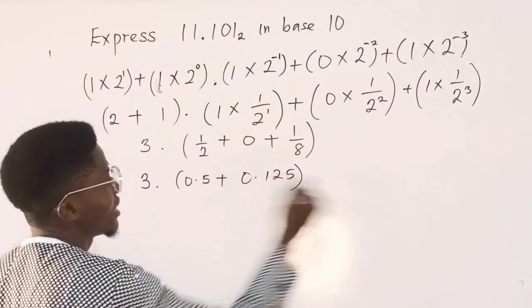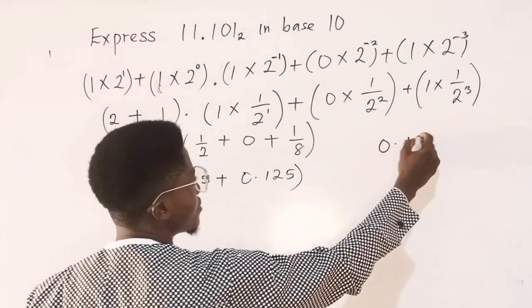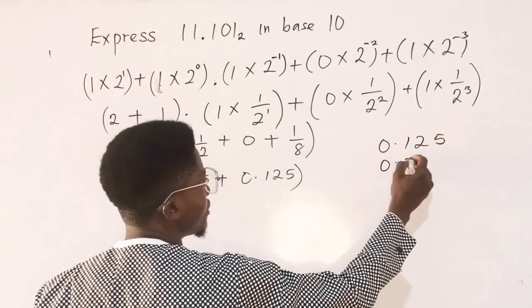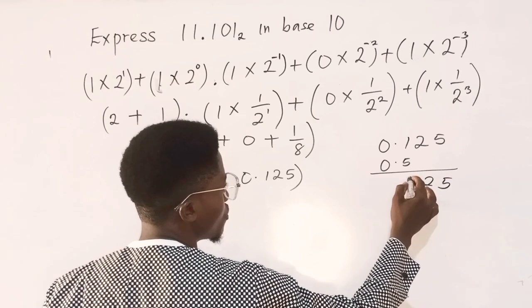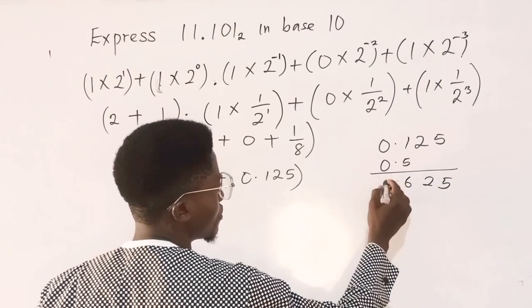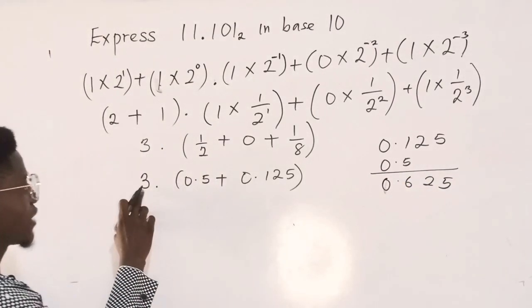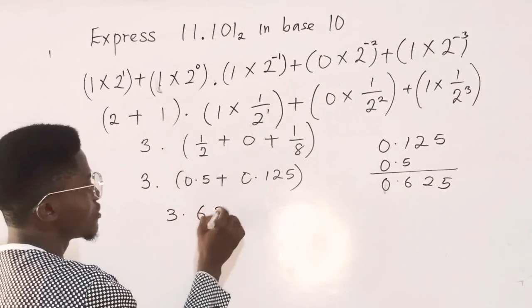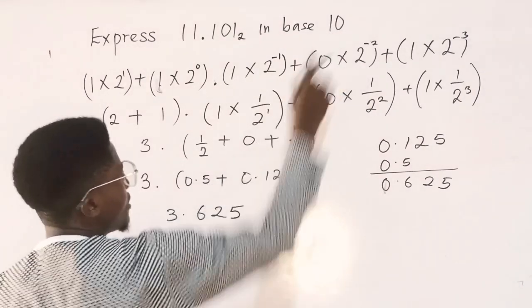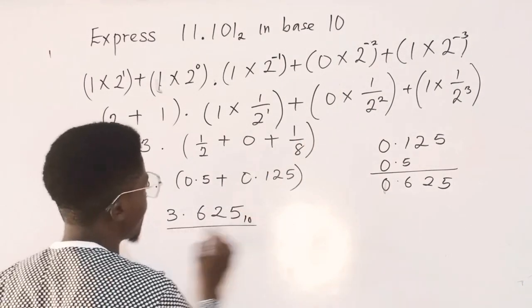Let's add this and this together: 0.125 plus 0.5 gives 0.625. If we add this with 3, we shall have 3.625 base 10. This is our final answer.